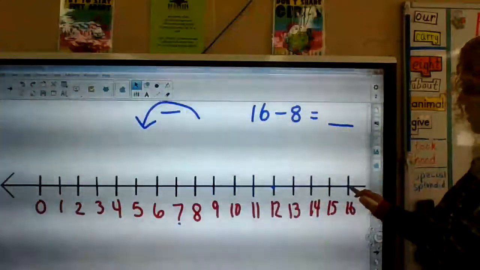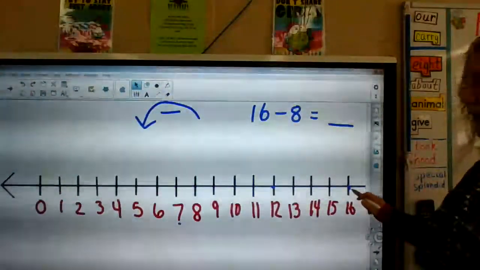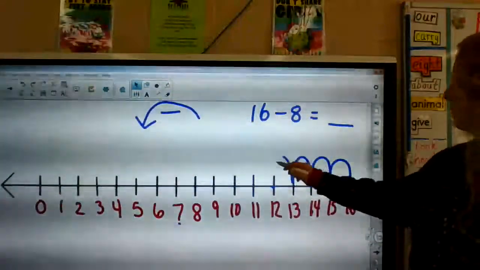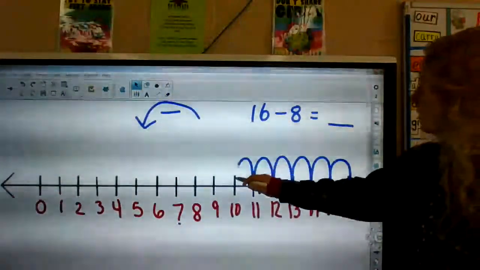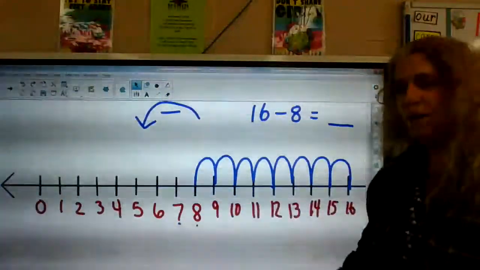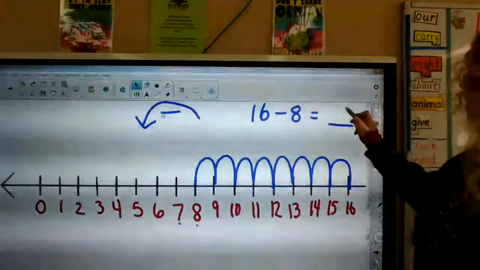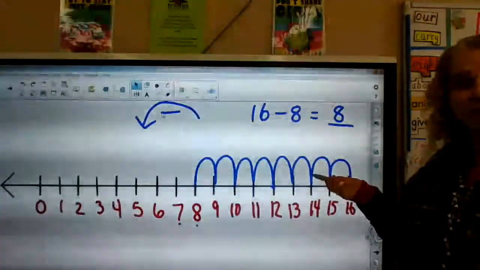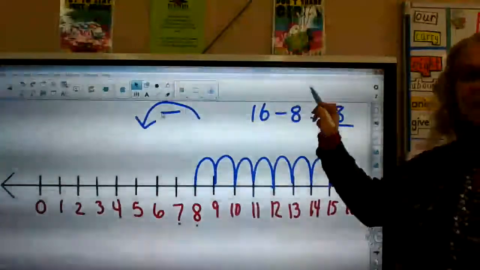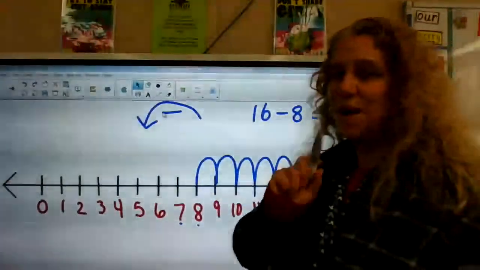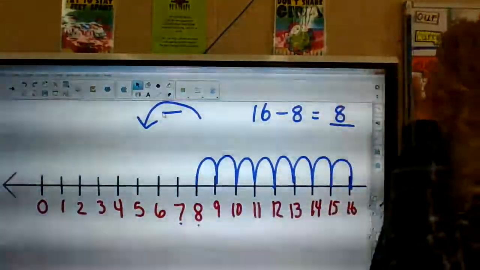Now I don't say 1 until I hop. 1, 2, 3, 4, 5, 6, 7, 8. And I landed on 8. 16 minus 8 equals 8 because 8 plus 8 is 16. That's a double. We know that. So you might have already known that answer.